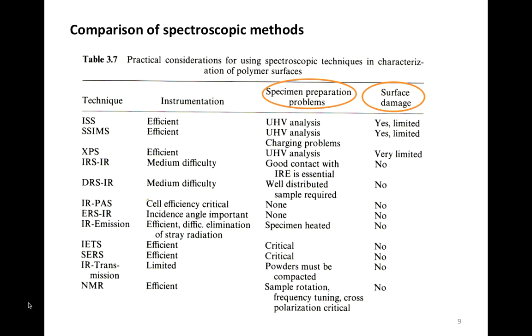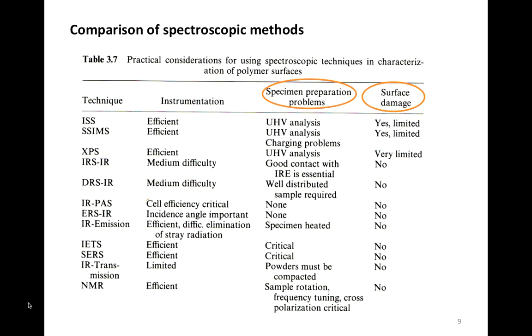Also, in this ultra high vacuum analysis you can expect slight surface damage. Sometimes it's not seen unless you damage the surface on purpose to do the depth profiling. Otherwise, it is no problem. Infrared spectroscopy doesn't damage the sample, and it doesn't really need surface preparation.